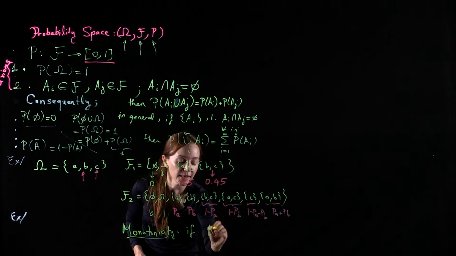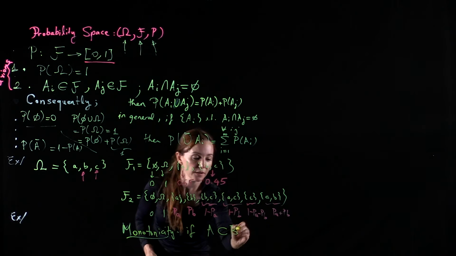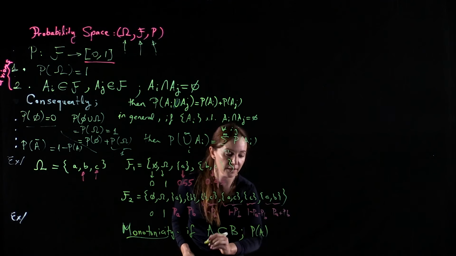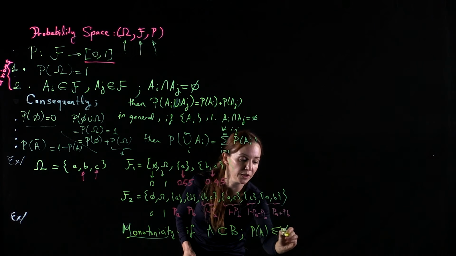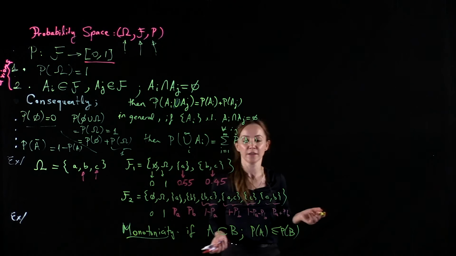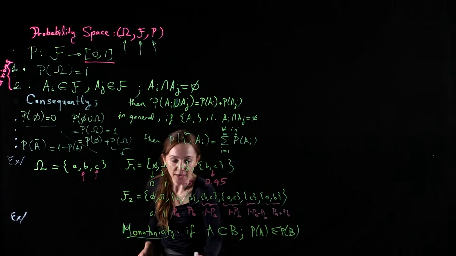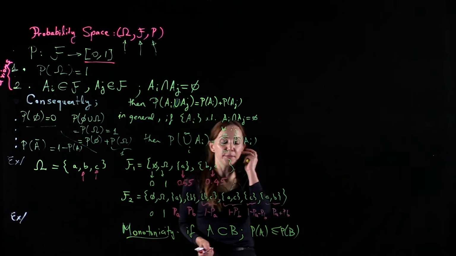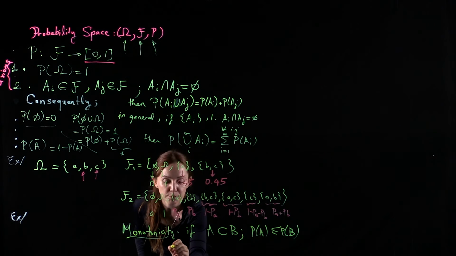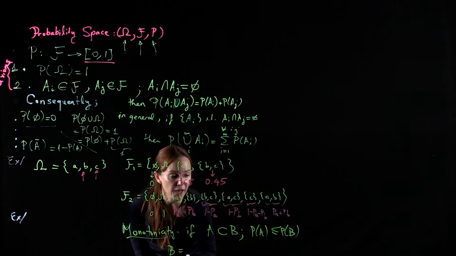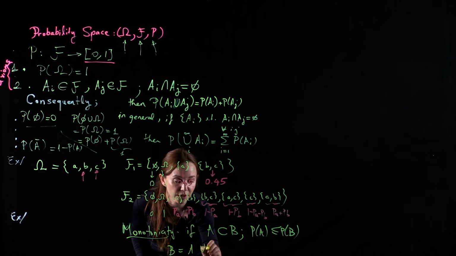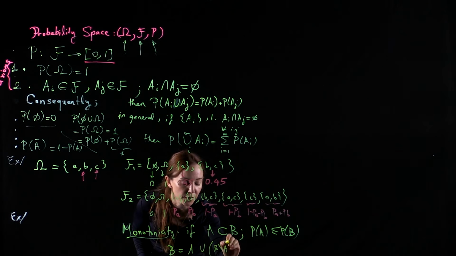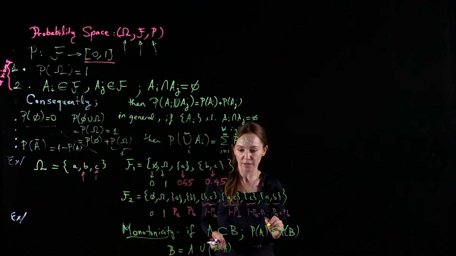If A is a subset of B, then P(A) is less than or equal to P(B). Why is that? Well, if A is a subset of B, then B can be written as A union the difference of B from A, which is non-empty.